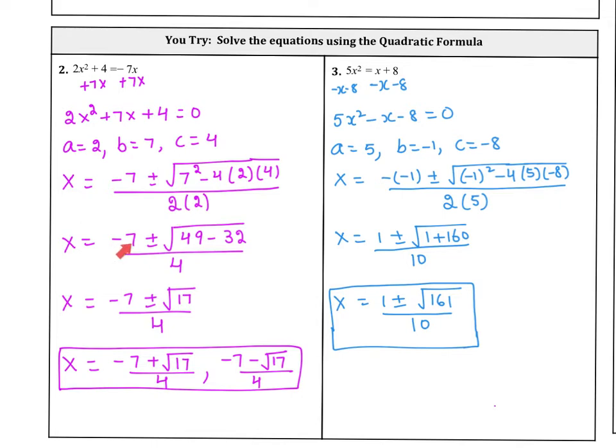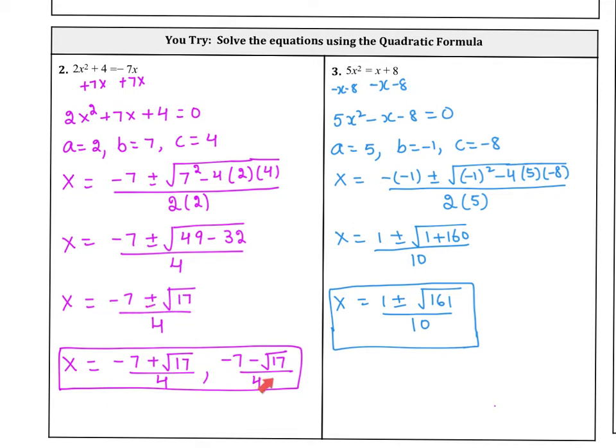So that's going to be negative 7 plus or minus the square root of 49 minus 32, divided by 4. 49 minus 32 is 17, and we cannot break 17 down because we do not have any factors available for 17. So our answer is going to be negative 7 plus square root 17 over 4, comma, negative 7 minus square root 17 over 4.